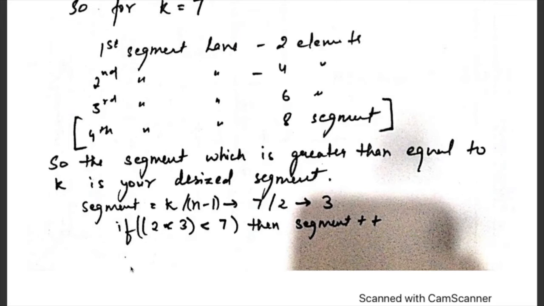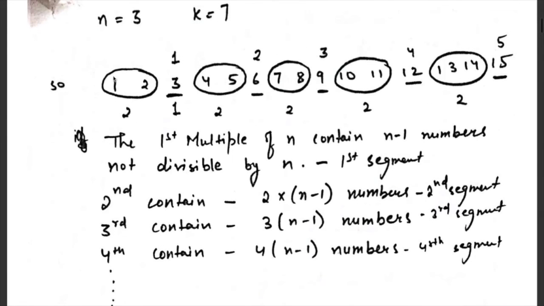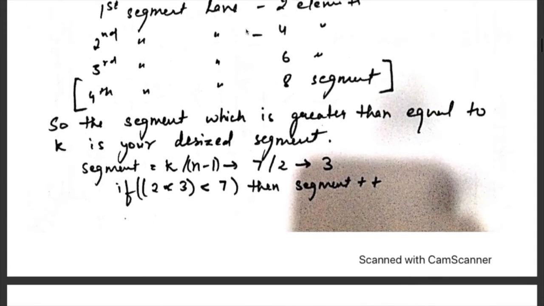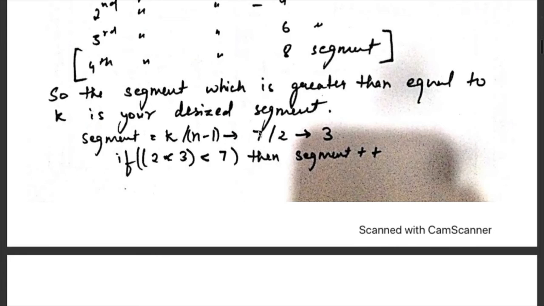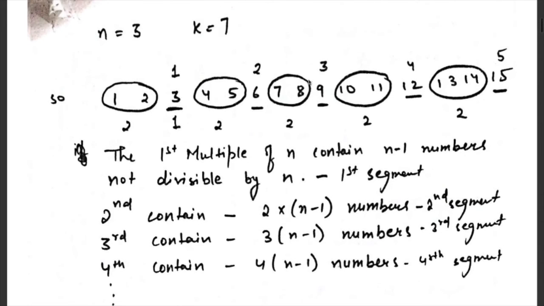How to calculate the segment? That is simple enough. If we divide k by n minus 1, the number of elements in one segment, we find how many such segments we require to reach k. As we are working in C++, 7 divided by 2 equals 3, which is not our answer, as in 3 segments we only have 6 elements.